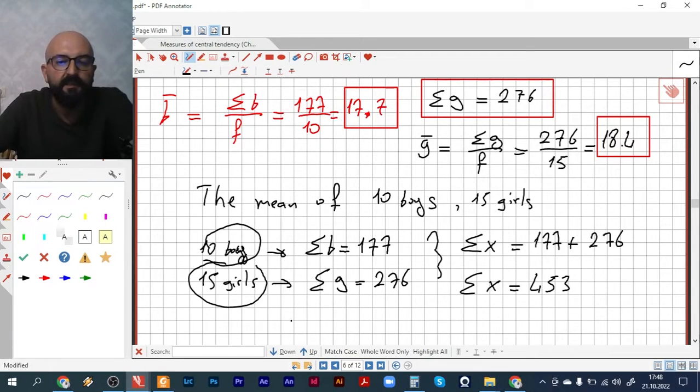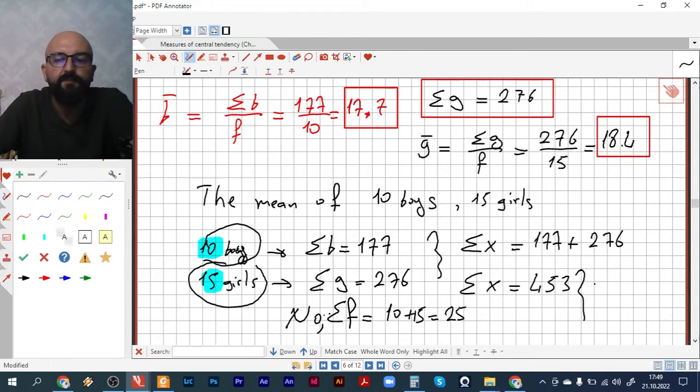And the number of data, also we have 10 boys and 15 girls, so the sum of frequency, 10 plus 15, so 25.